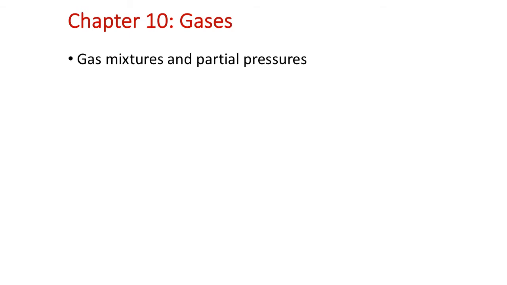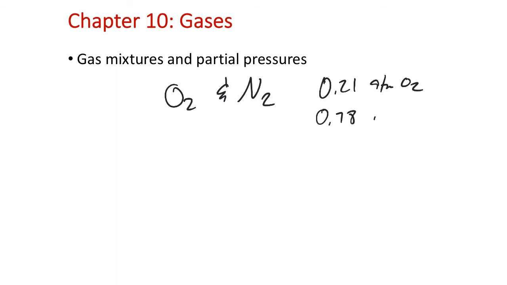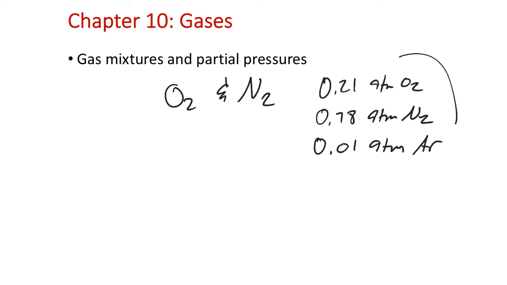So let's talk about gas mixtures and partial pressures. Let's say we have a mixture of O2 and N2, which is essentially air. Let's say we have 0.21 atm of O2, 0.78 atm of N2, and then 0.01 atm of, let's say, argon. Turns out that this is about the makeup of air.